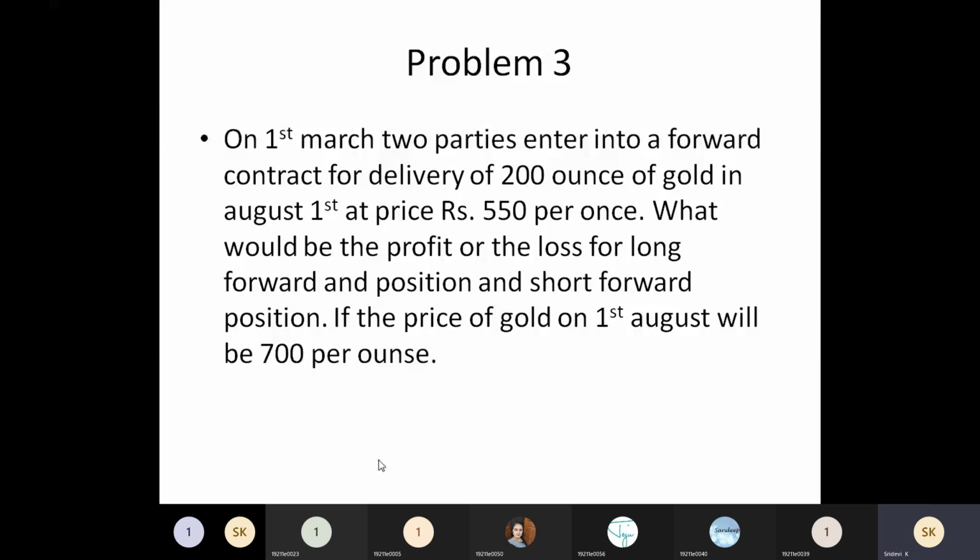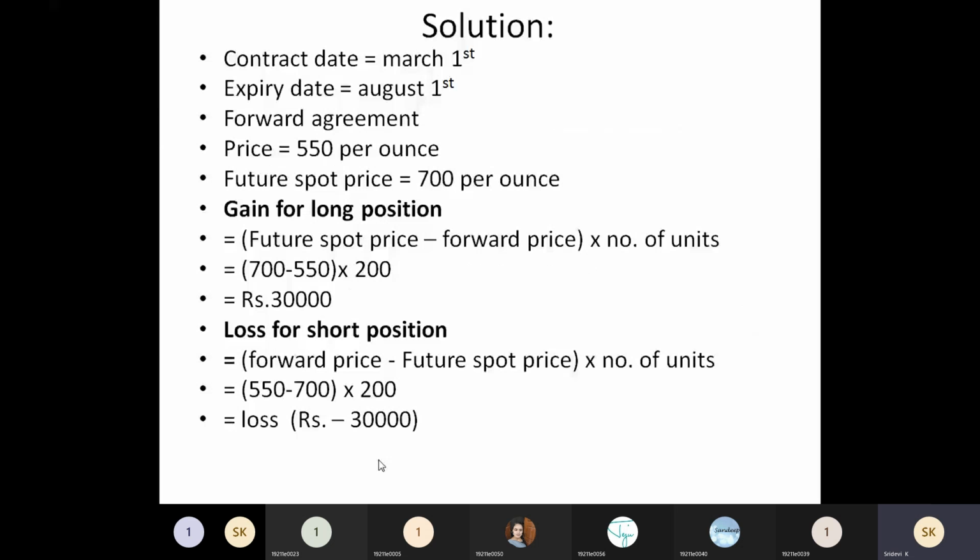See, the contract date is March 1st and the expiry date is August 1st. And it is a forward agreement. The price is given per ounce as 550 and the future spot price is 700 per ounce.